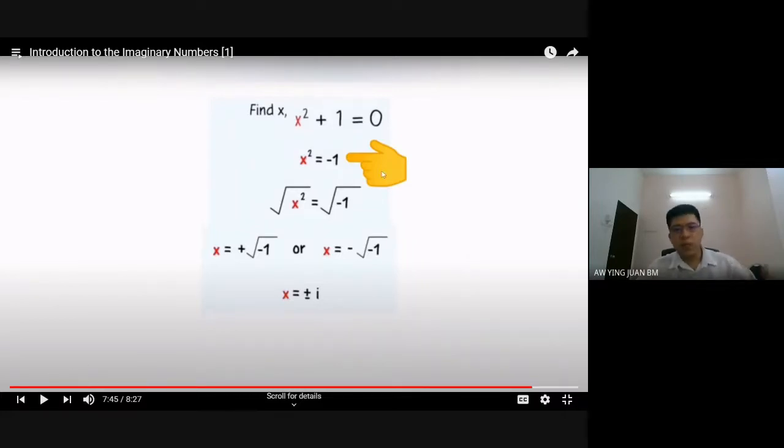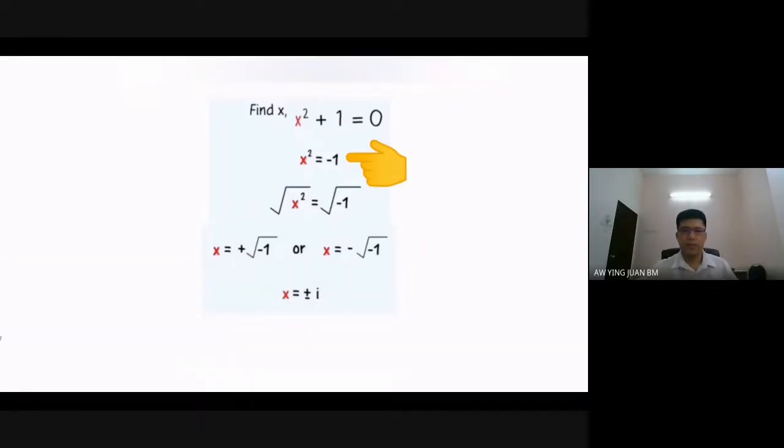Continue. Kita pun selesai macam biasa, macam matematik biasa. But now, getting better. Because if you press the calculator, you will have math error or undefined. Sekarang Euler dah bagi tahu kita, whenever you look for the square root of negative 1, you let it as i. x squared equals negative 1.